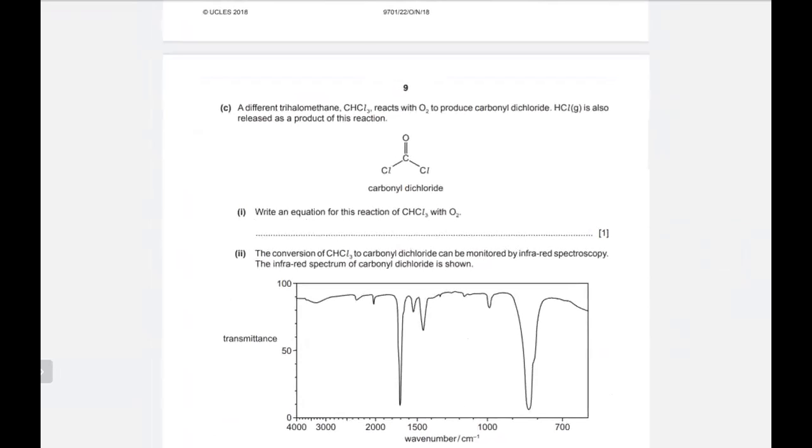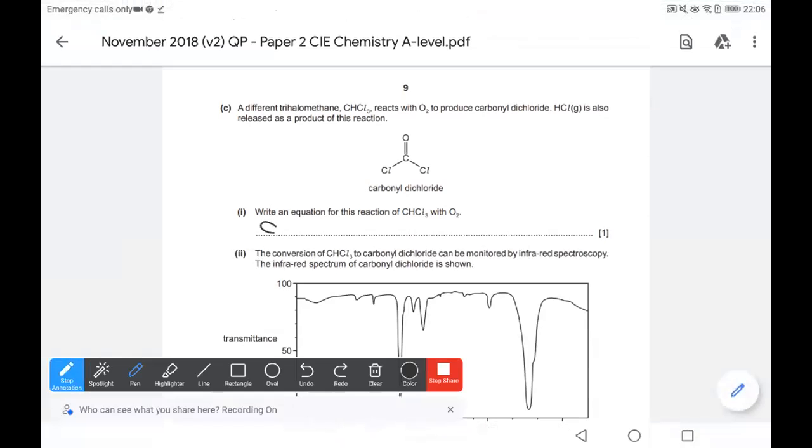Trichloromethane reacts with oxygen to produce carbonyl dichloride. HCl gas is also released as a product of this reaction. Write an equation for this reaction of CHCl3 with oxygen. CHCl3 plus O2 forms COCl2 plus H2O.